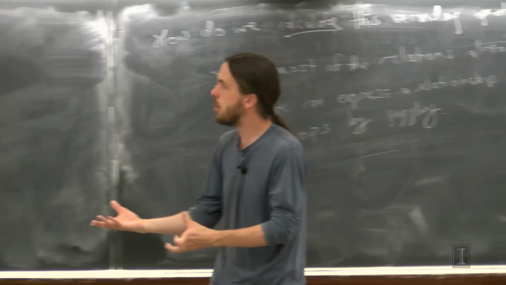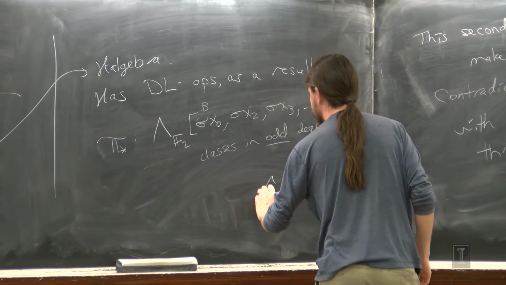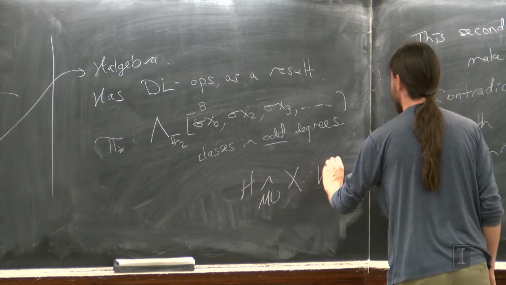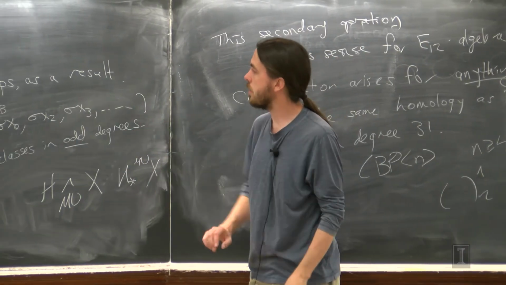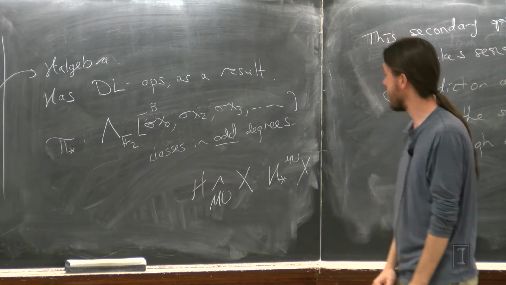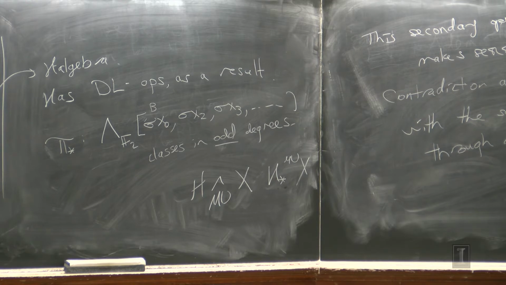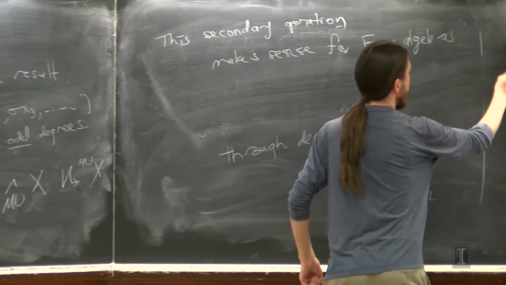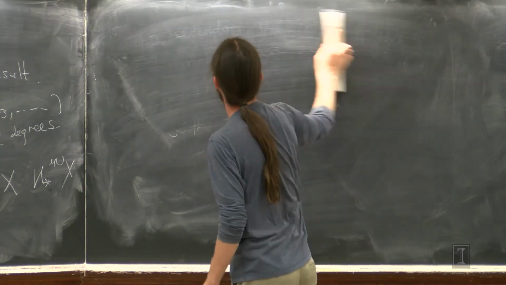If you have an mu module x, you can take H smashed over mu with x, and that gives us something called the mu module homology of x. This thing is the dual Steenrod algebra in the sense that you get a coaction of this Hopf algebra on the mu module homology of x. And the Dyer-Lashof operations here are closely related to what the Nishida relations would be in this place.